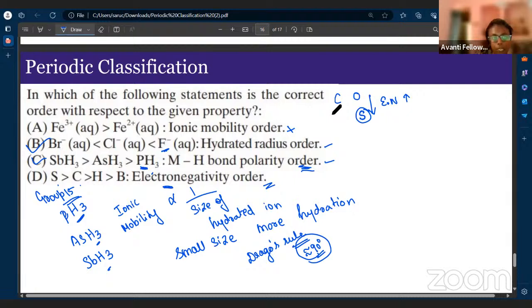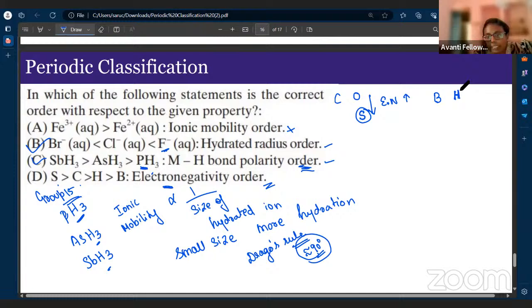And when you compare boron and hydrogen, what would be the electronegativity order? Which is going to be more electronegative?